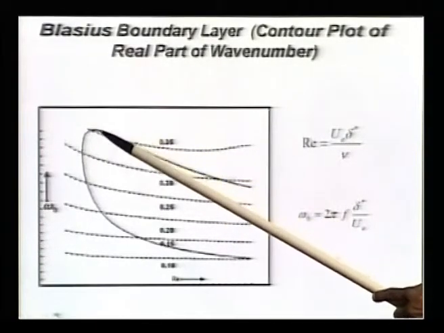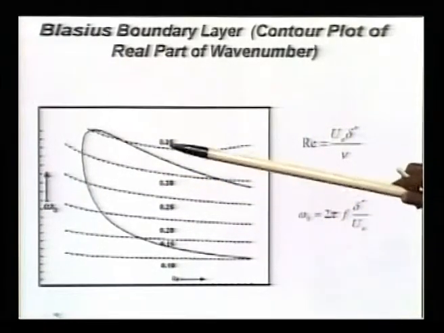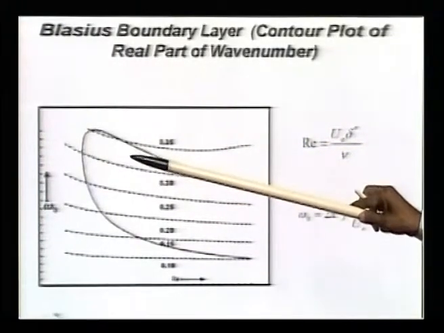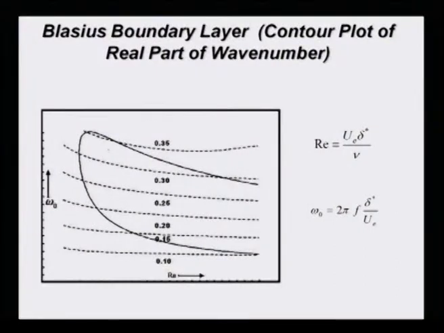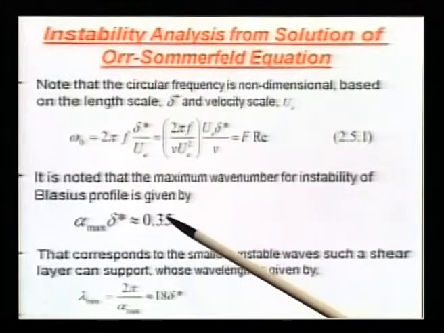So, there is a critical minimum wave number below which everything is going to be stable, right. So, that is what we have in the transparency written here, that we have a case of alpha maximum, that is roughly, I just simply said, about a value of 0.35.